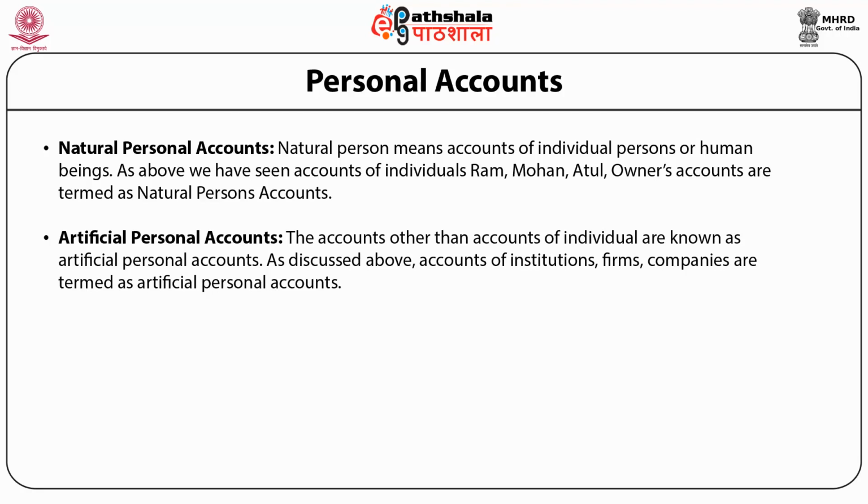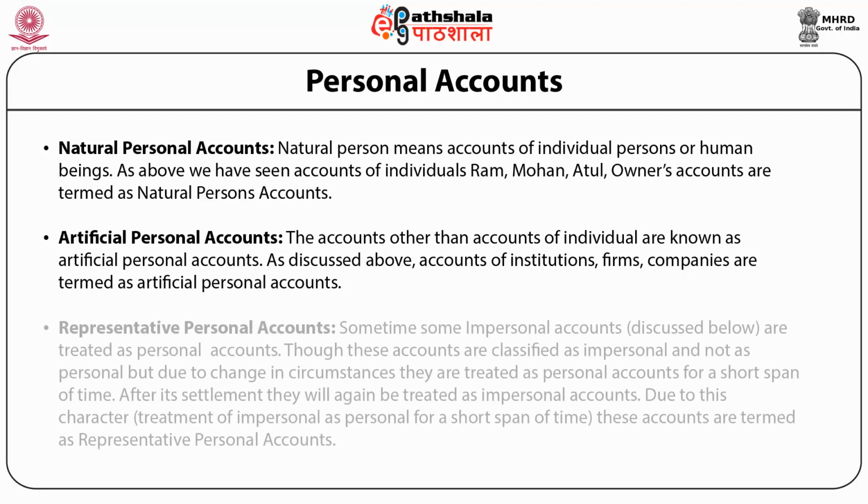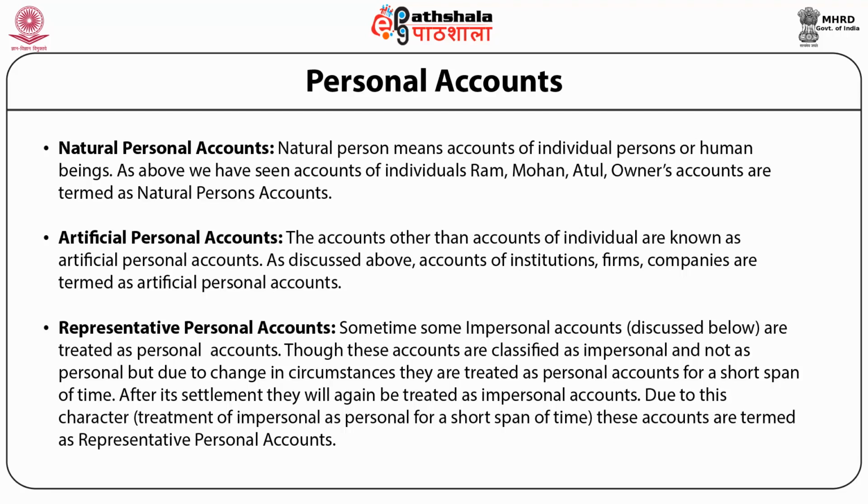Artificial personal accounts, the accounts other than the accounts of individual or the human beings, are known as the artificial personal accounts. As we have already discussed, the accounts of institutions, firms, companies are termed as artificial personal accounts. Representative personal accounts, sometimes some impersonal accounts are treated as personal accounts.